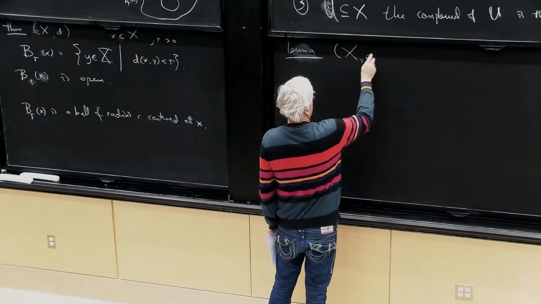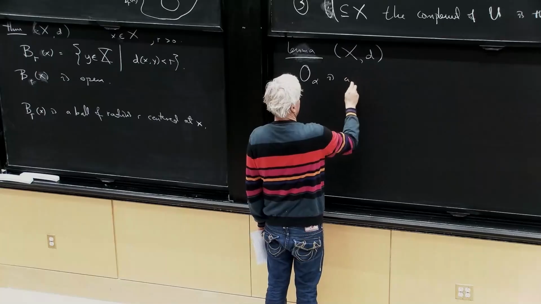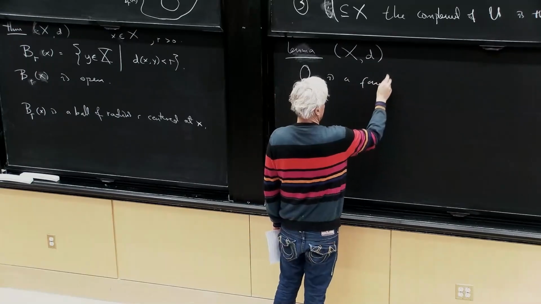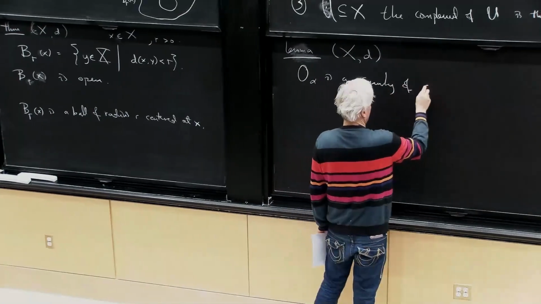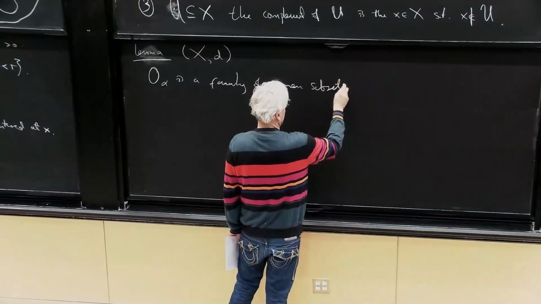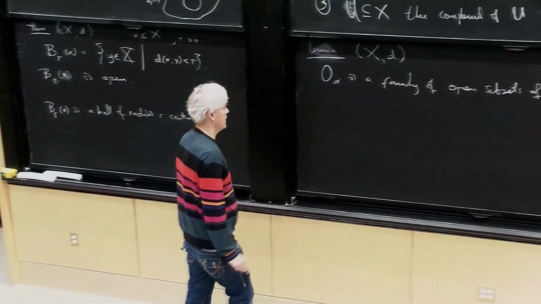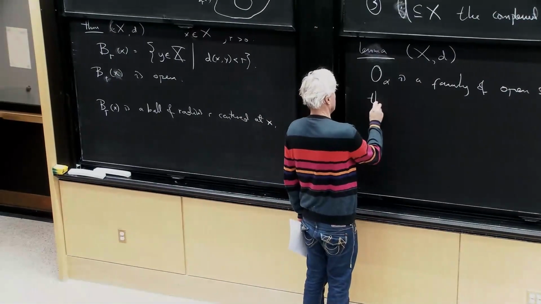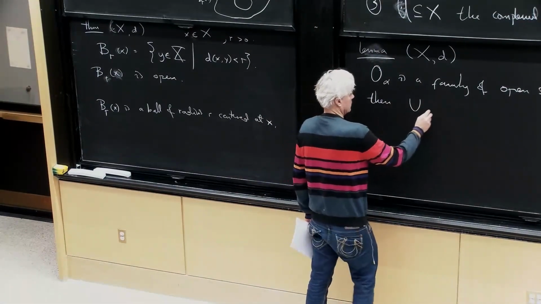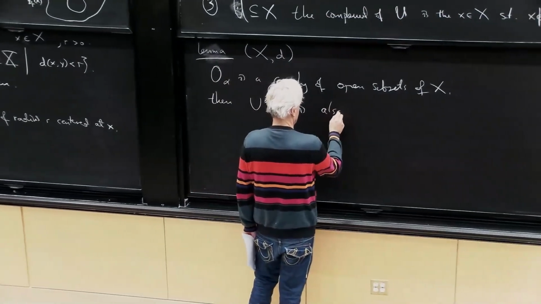Again, we have a metric space, and O_alpha is a family of open subsets of X. Then the union is also open.